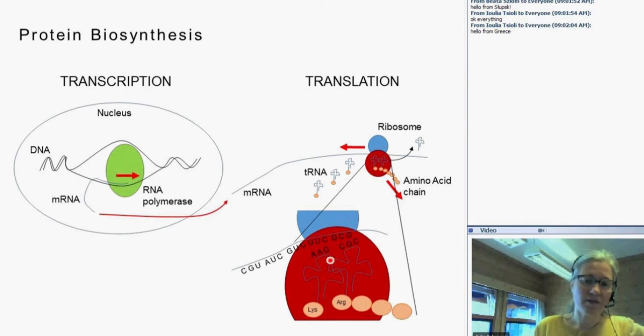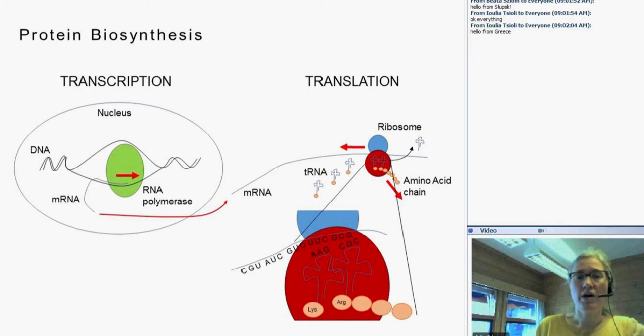Then the transfer RNA could not attach here because it's the wrong code. And then instead of the lysine following the arginine, we maybe had another amino acid following this arginine. And then the structure of our protein would be altered. And that may be quite important for that organism.